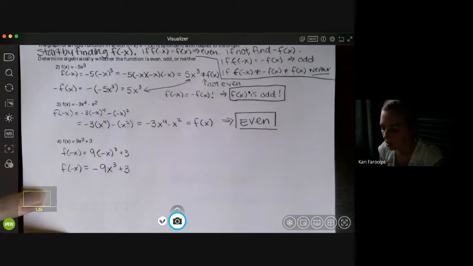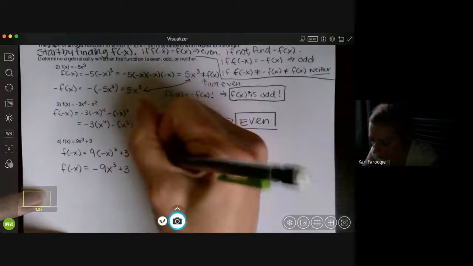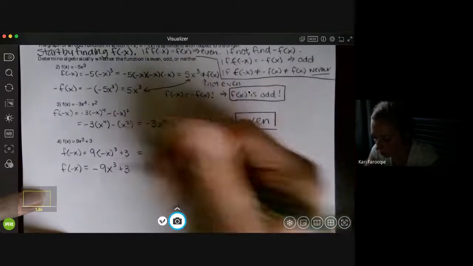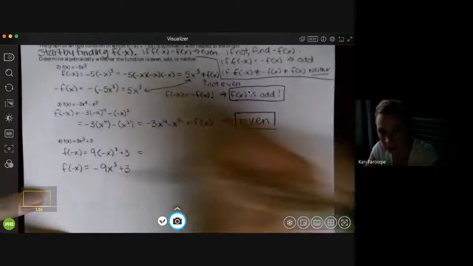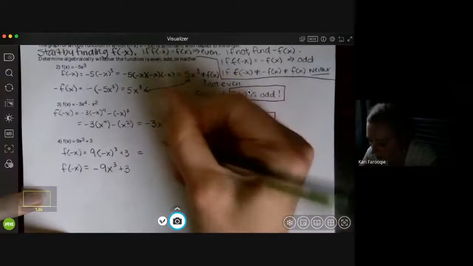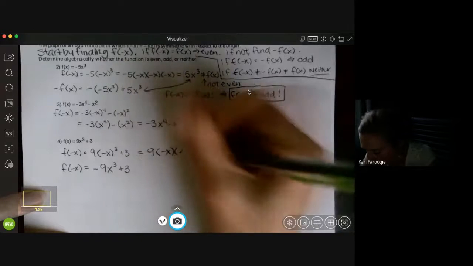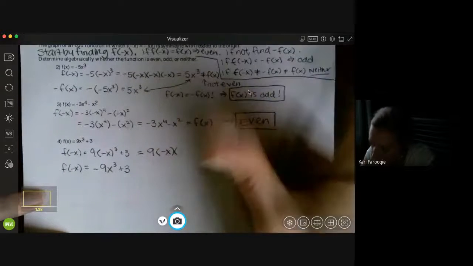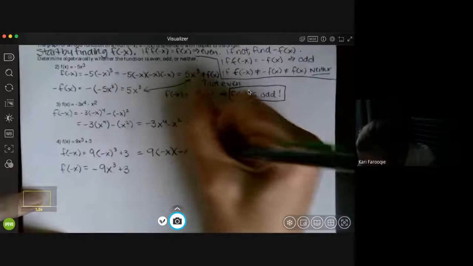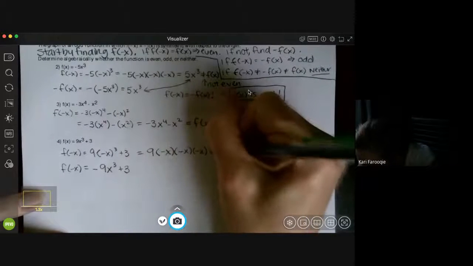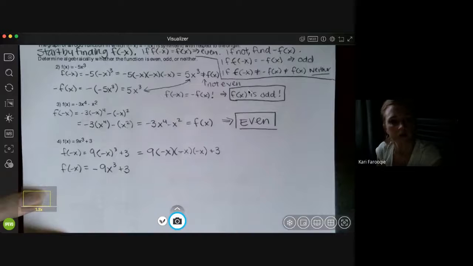I feel like I might need one more line on there to clear up any confusion there might have been. If you feel comfortable going from here to here, that's great. If you don't, I'll add in some extra stuff here. This is just negative x times negative x times negative x, the intermediate step.